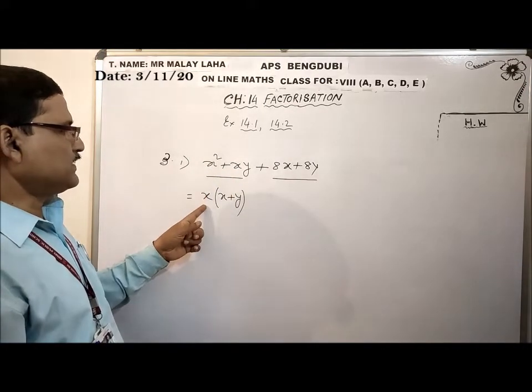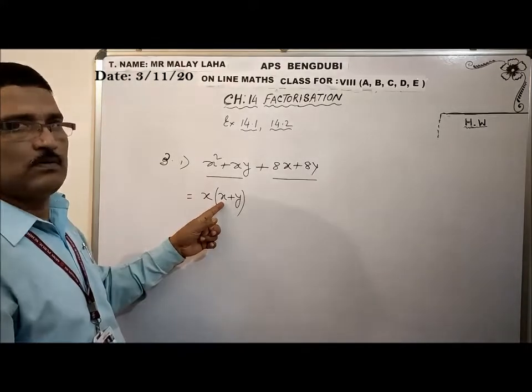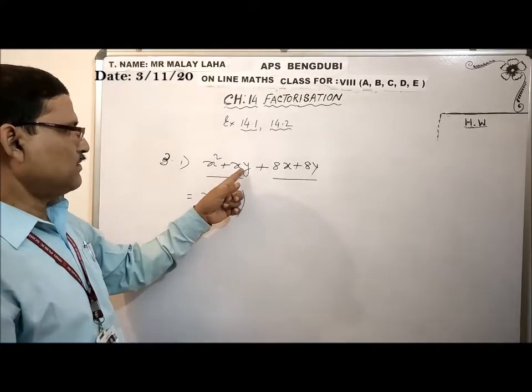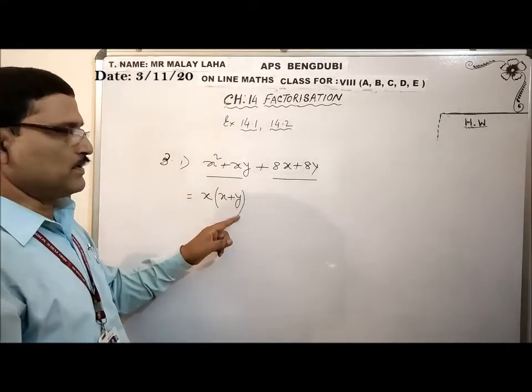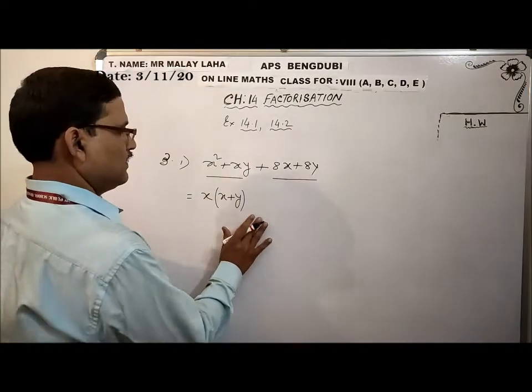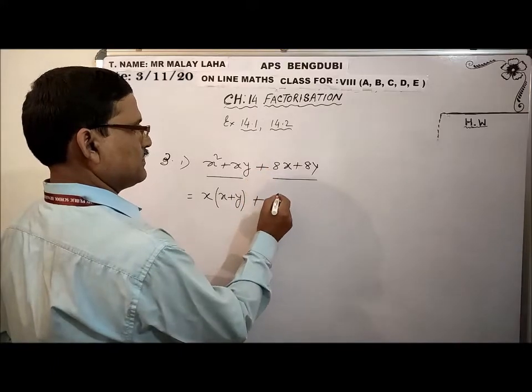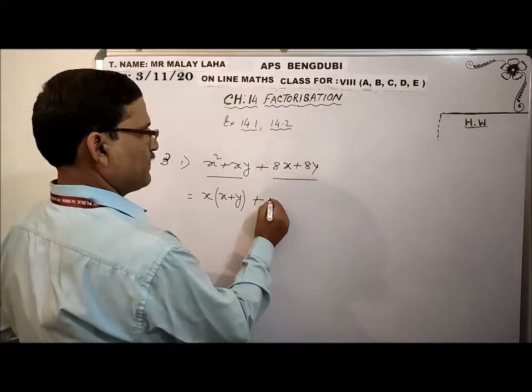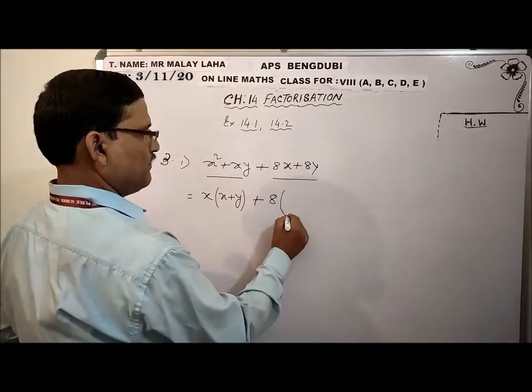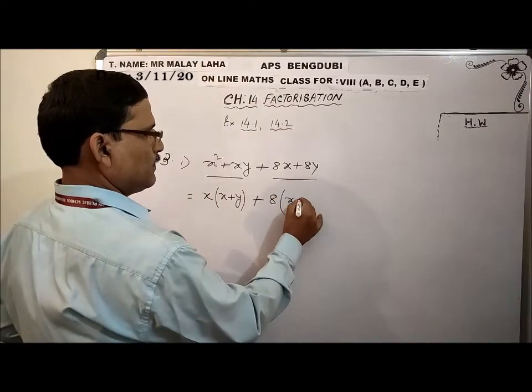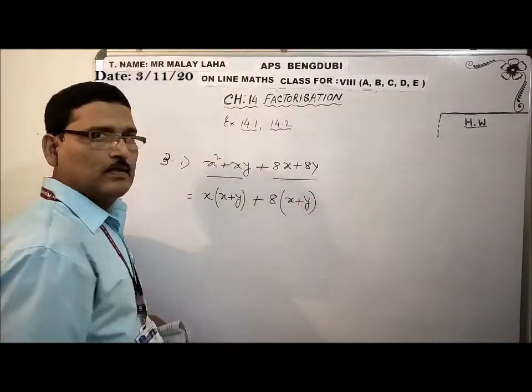If I take x common, then 1x is left out, and 1y is left out. Next, plus sign is there, then plus. Minus sign is there, then minus. What is common here? 8 is common from both. If I take common, 8 plus y.